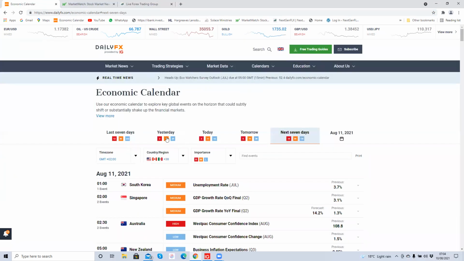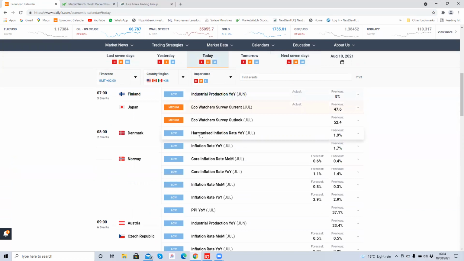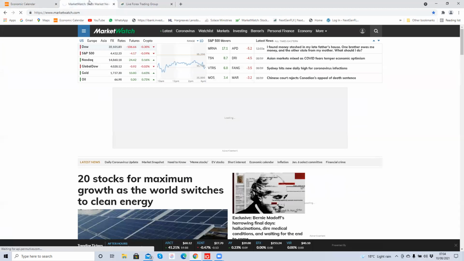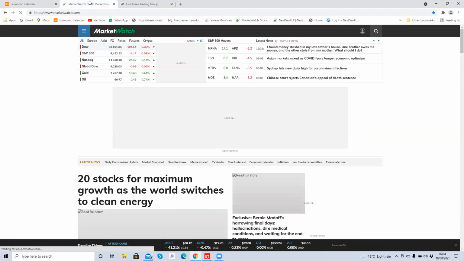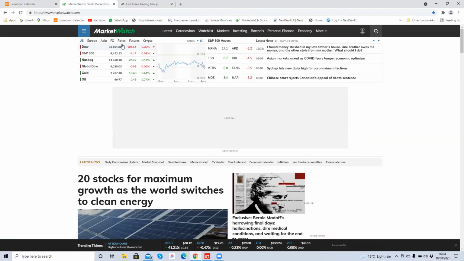So today, I'm going to avoid trading the Euro US dollar prior to 11 a.m. But I can go ahead and look for opportunities on the dollar Canadian dollar straight away. Again, don't forget to keep an eye on Market Watch to see if there's anything untoward or that could create uncertainty in the currency market.